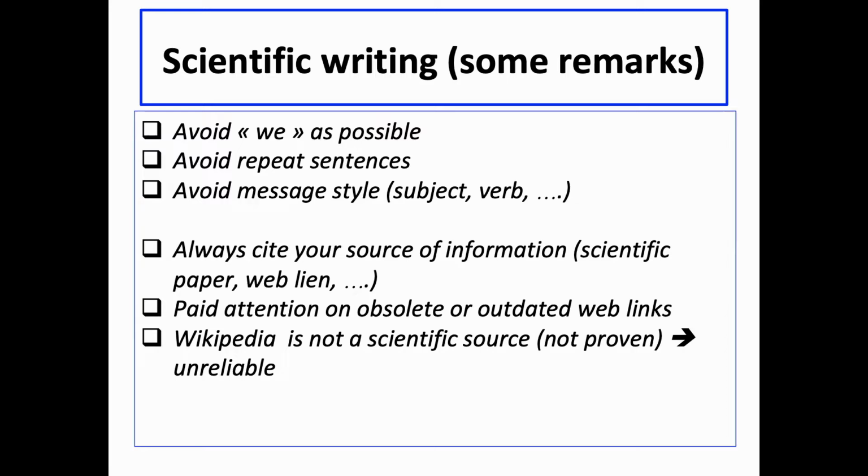A scientific source of information could be a scientific website, a database, for instance. It could be a publication, or a scientific book, and so on, but not Wikipedia. You should also pay attention to obsolete or outdated web links.